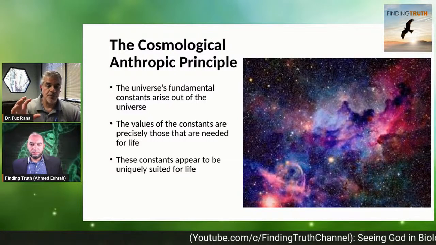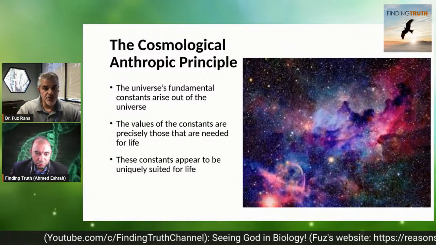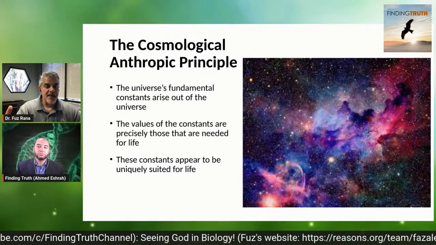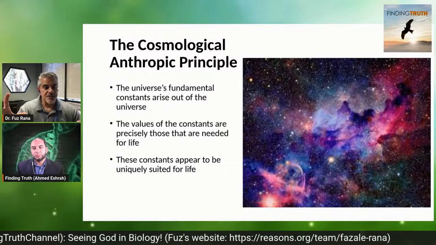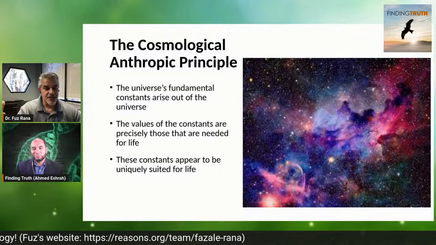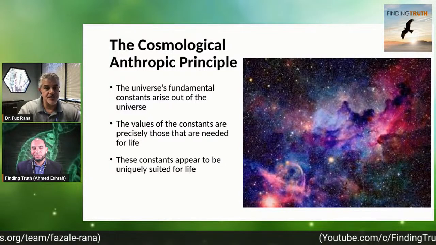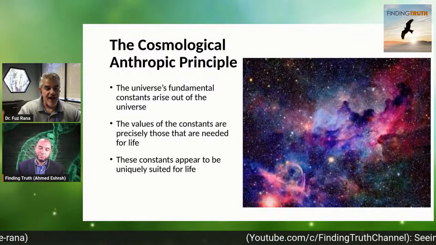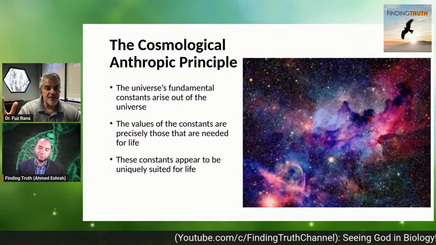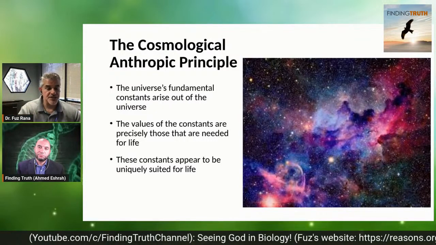But a larger point of the anthropic principle is that there is a fitness to the universe for life. That is, the universe has these fundamental constants that are essentially endemic in the very nature of the universe itself, and those values are precisely what is needed for life, and there are no alternative values that could exist.